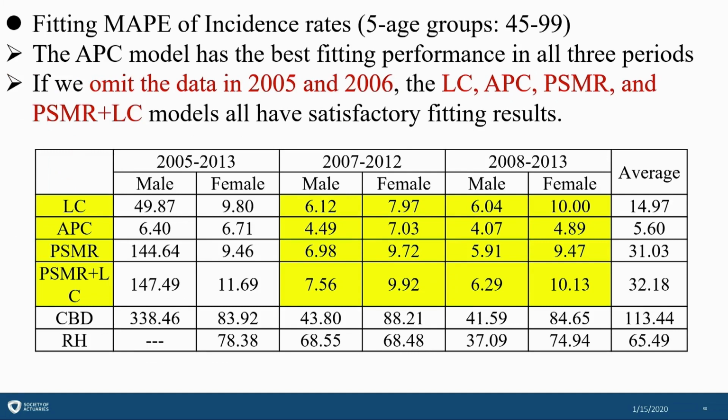First, we look at the MAPE, mean absolute percentage error, of the incidence rate for age group 45 to 99. We find the APC model, Lee-Carter model, partial SMR, and the partial SMR plus Lee-Carter model are all satisfactory, with fitting results of less than 10%.